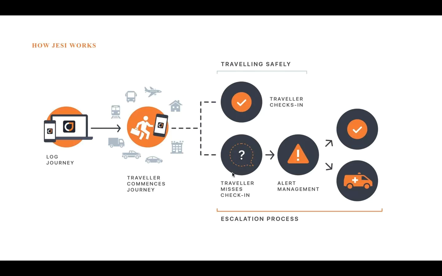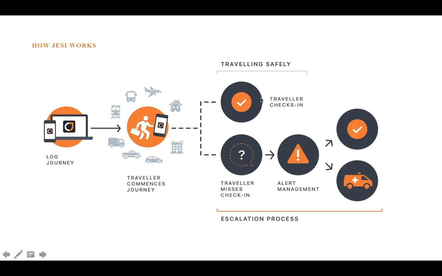On the left-hand side, the journey has been logged into JESI and the traveller will commence the journey. All going well, the traveller will check in at each checkpoint at a predetermined time frame, where they say they're going to be at their destination, and their journey is complete.